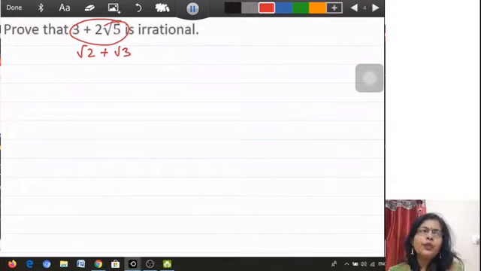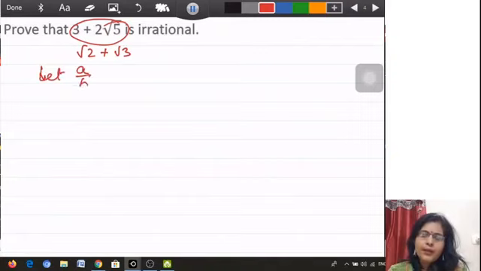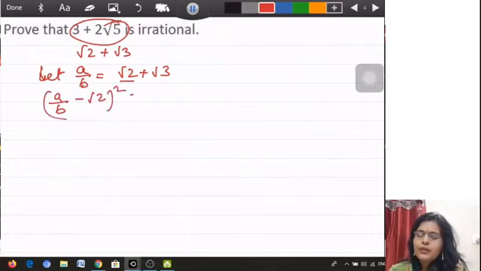That line we have to add every time. Then we write let a upon b is equal to root 2 plus root 3, and then one of the roots we will bring over here, so that becomes a by b minus root 2 is equal to root 3 square.